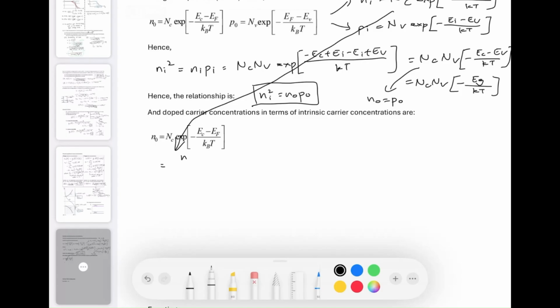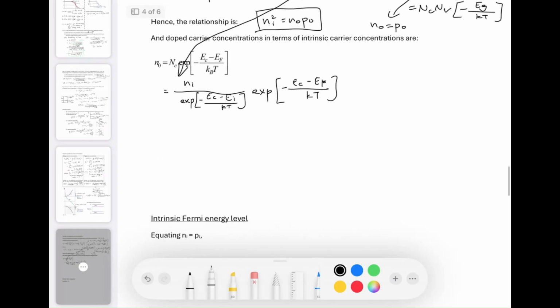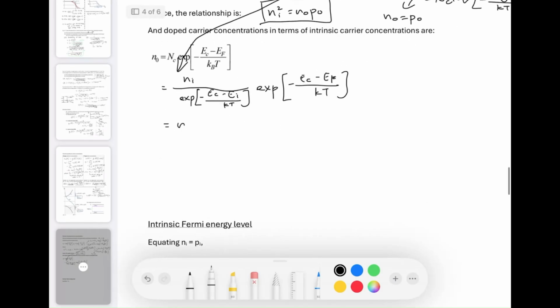So we'll get Ni divided by exponential of negative Ec minus Ei over kT, then multiplied by the exponential of this. Again, we just add them together.